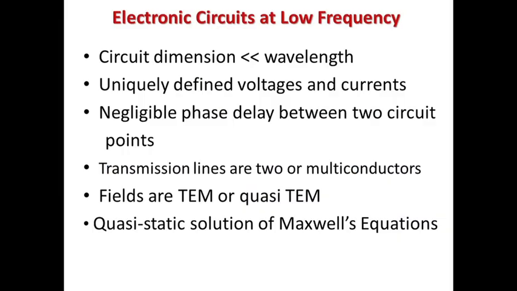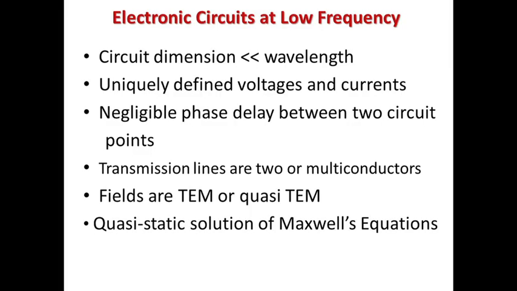Also, at low frequency, the fields transmitted through those 2 conductor transmission lines are mainly transverse electromagnetic, or even if not TEM, they are quasi TEM. That means almost like TEM, or for all practical purposes like TEM.